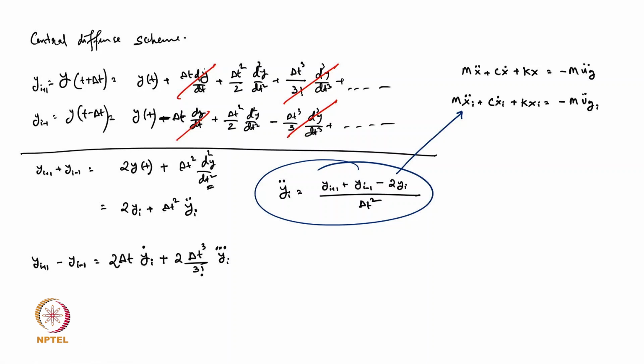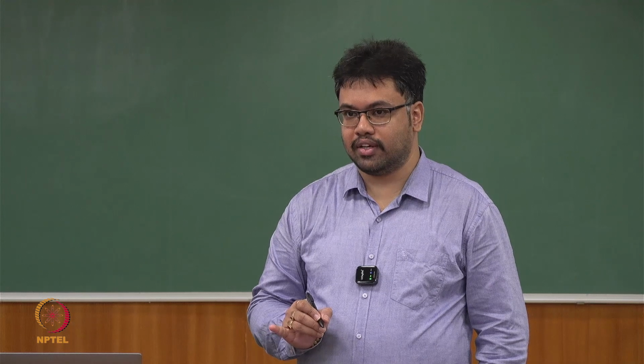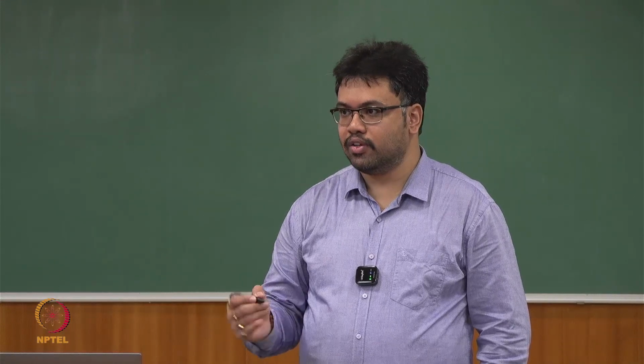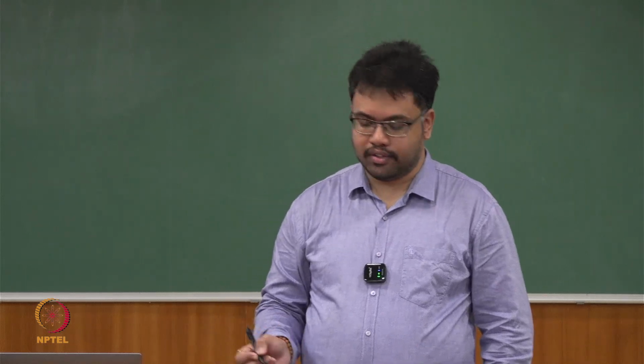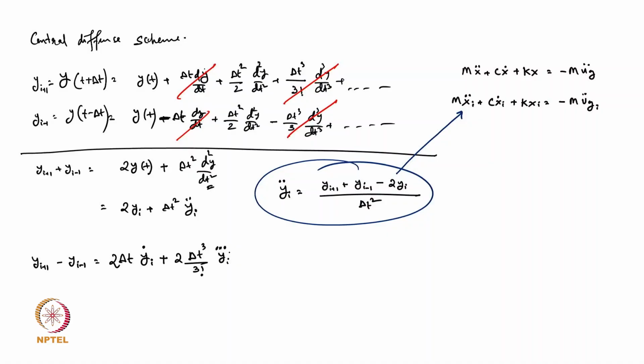If I think in terms of displacement, the triple dot of the displacement is the jerk. We may consider that, or in some cases we may ignore that, and that is also fine. Because you cannot calculate the jerk directly, in some cases people forget that also. So ignore it.